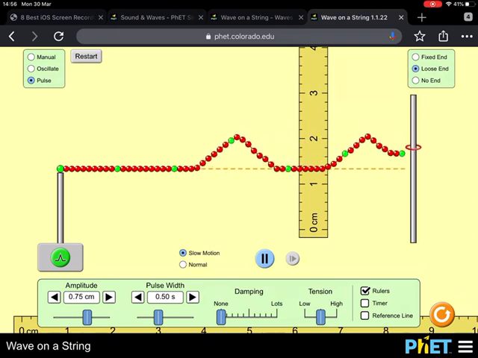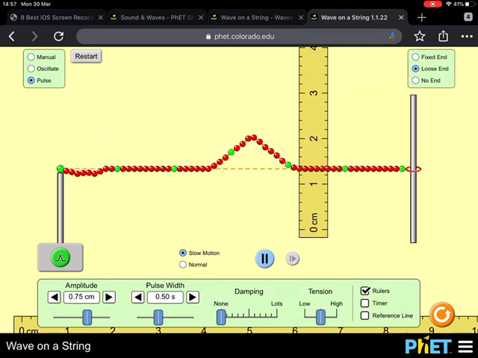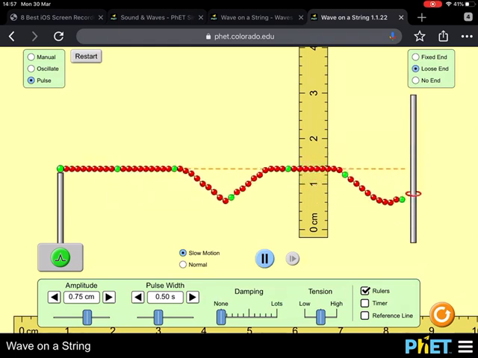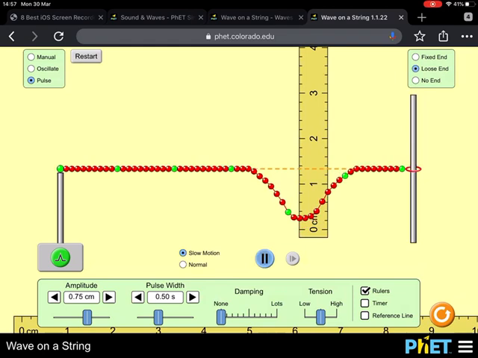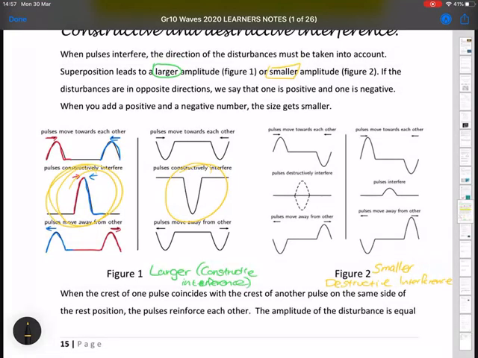You get one big wave above the equilibrium position. Or if both waves pass each other below the equilibrium position, you also get one big wave below the equilibrium point. So either both combine and you get a bigger wave above, or both combine and you get a bigger wave below.